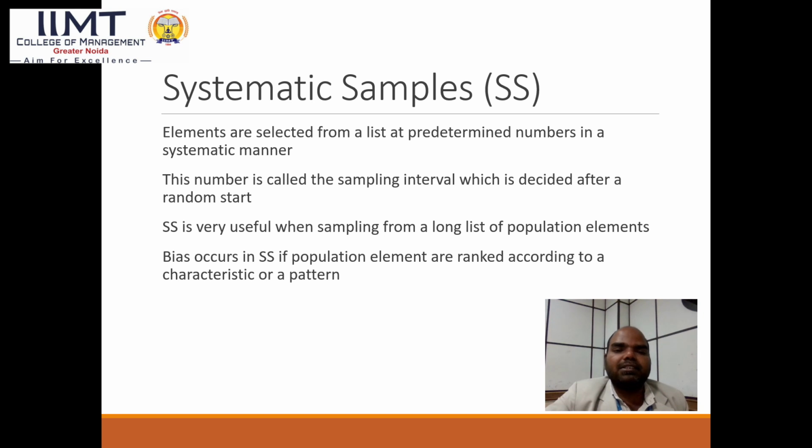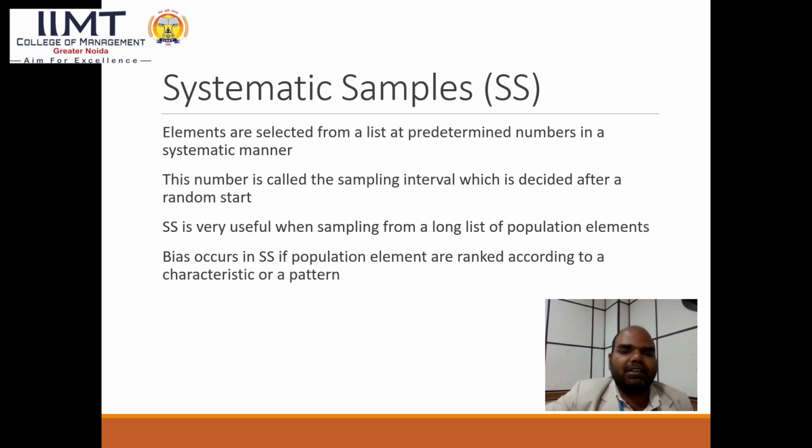Systematic sample. Systematic sampling means sample elements are selected from a list at a predetermined interval in a systematic manner, like 2, 4, 6, 8, 10, 12, or 1, 2, 3, 4, 5, or 1, 5, 10, 15.